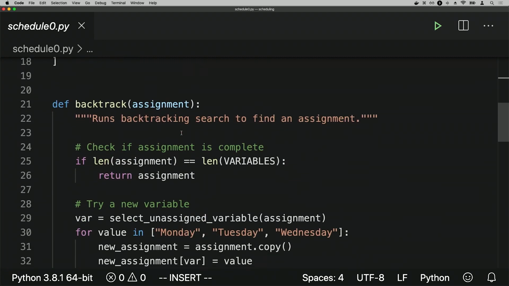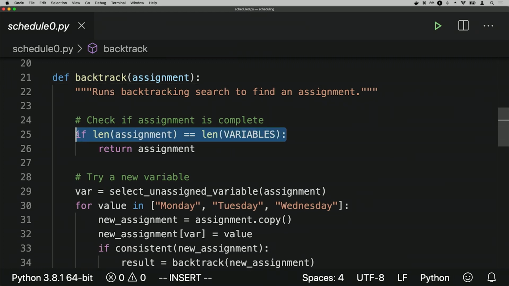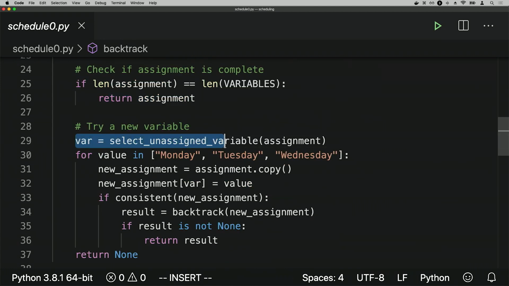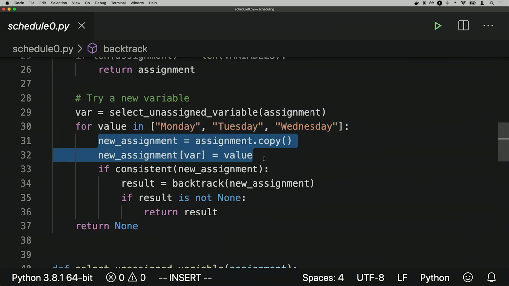And here, then, is what the backtracking function might look like. First, if the assignment is complete, if I've made an assignment of every variable to a value, go ahead and just return that assignment. Then we'll select an unassigned variable from that assignment. Then for each of the possible values in the domain, Monday, Tuesday, Wednesday, let's go ahead and create a new assignment that assigns the variable to that value.